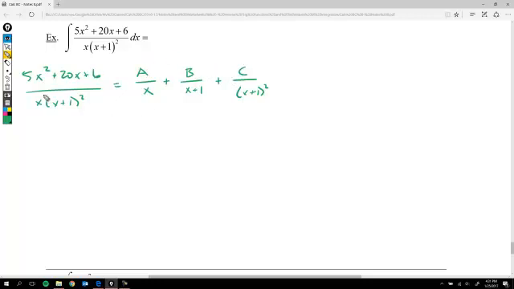Okay, once again, I'm going to multiply both sides by my denominator. And so I just have 5x squared plus 20x plus 6 on the left side. On the right side, I end up with x plus 1 squared times A plus x times x plus 1 times B plus just x times C. All right, now what I'm going to do is distribute this out, do my binomial distribution, and same thing here, I'm going to distribute this.